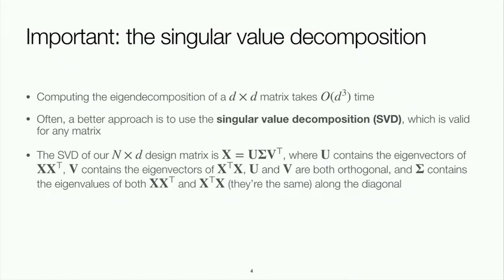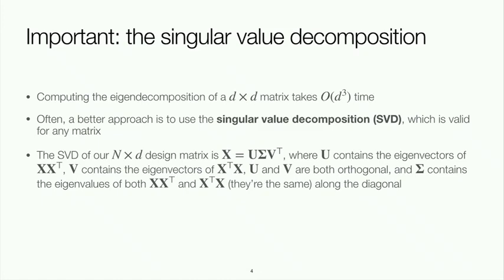So our design matrix, n by d, we can take a singular value decomposition of X into three matrices, usually called U, sigma, and V transpose. Here U and V are orthogonal matrices, and they contain eigenvectors, but not of X. U contains eigenvectors of XX transpose, and V contains eigenvectors of X transpose X. Sigma is also a diagonal matrix, but along the diagonal are what we call singular values, which are basically eigenvalues of XX transpose and X transpose X. Turns out they're the same.